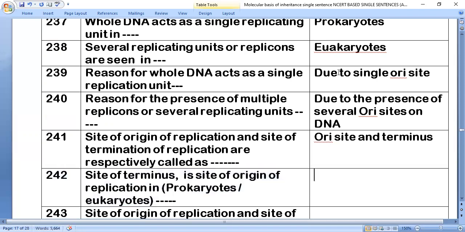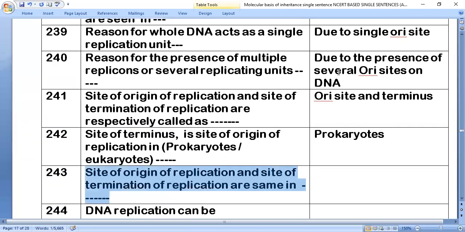The site of origin and the site of termination are the same in the circular DNA of prokaryotes.